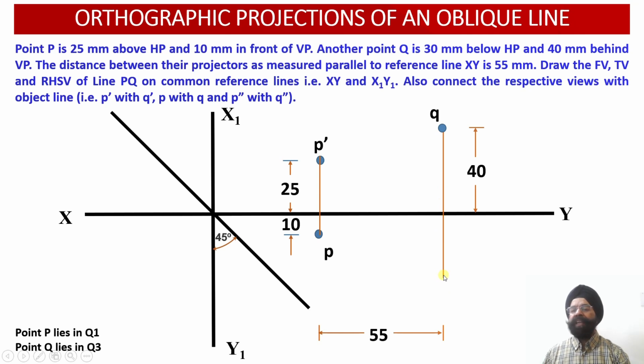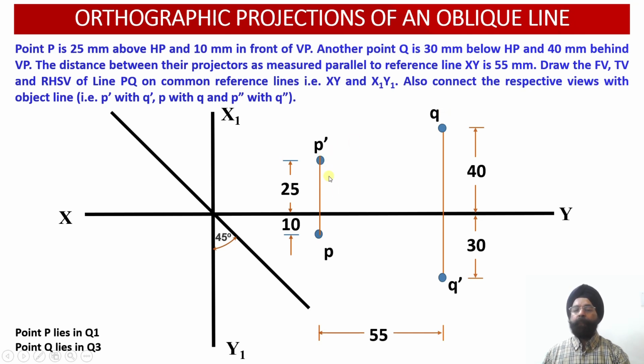Now we have been provided with the information that point Q lies 30 millimeter below the horizontal plane. So the front view projection of the point Q onto the vertical plane will be 30 millimeter below the XY reference line. So in the third quadrant, the front view is located below the XY reference line, while the top view is located above the XY reference line.